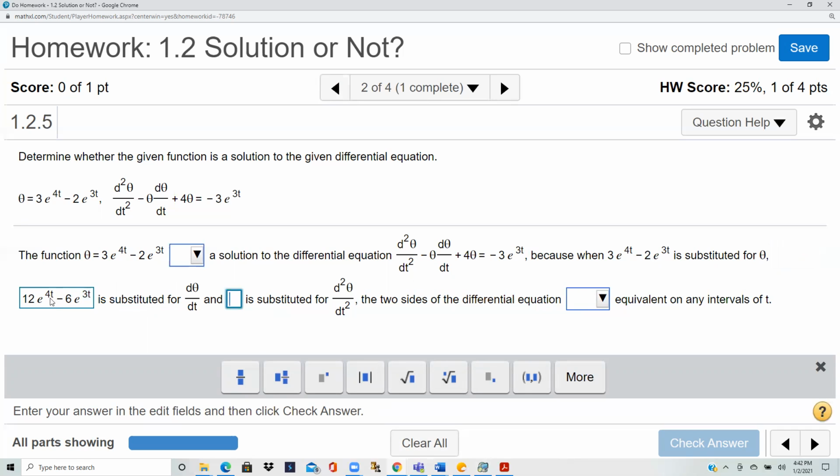That'd be 12 times 4 is 48, 48e^4t. And then this one would be 6 times 3, which is negative 18e^3t.